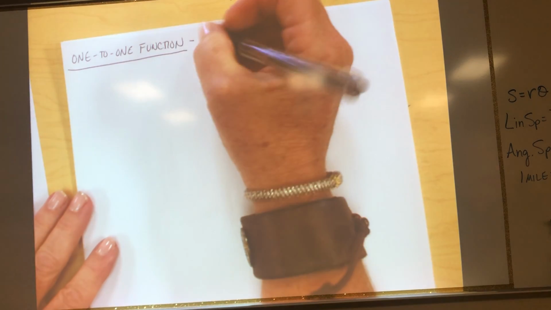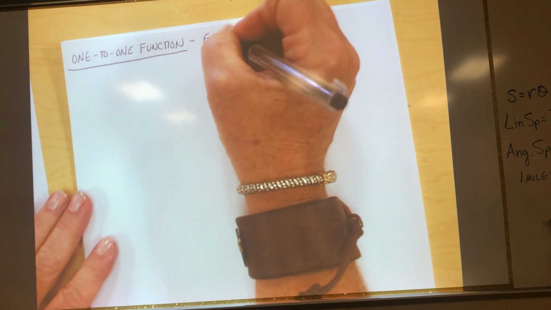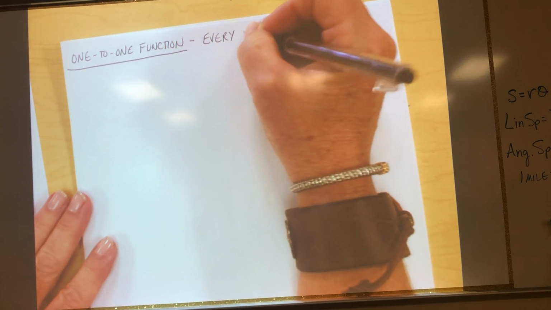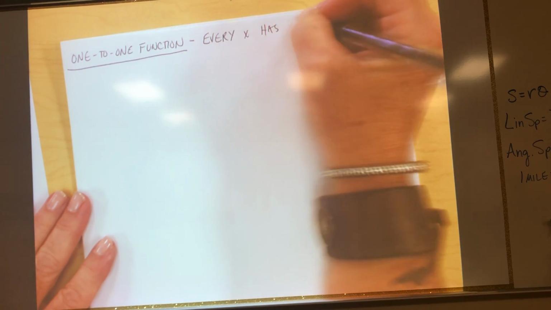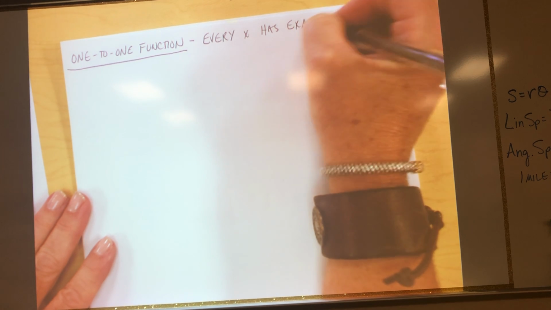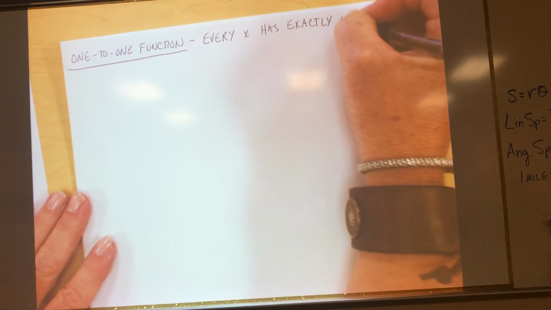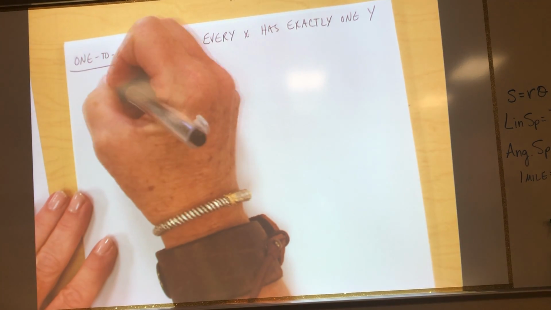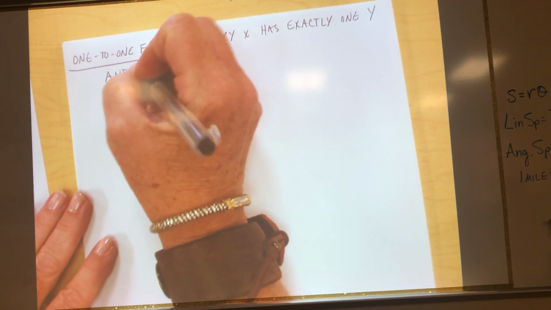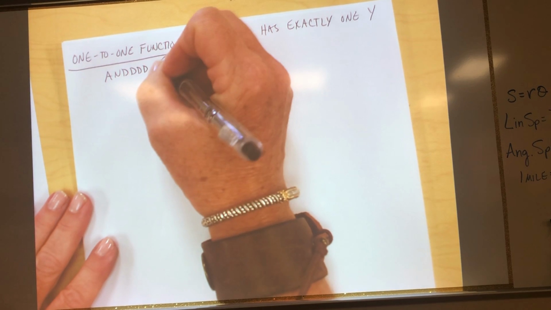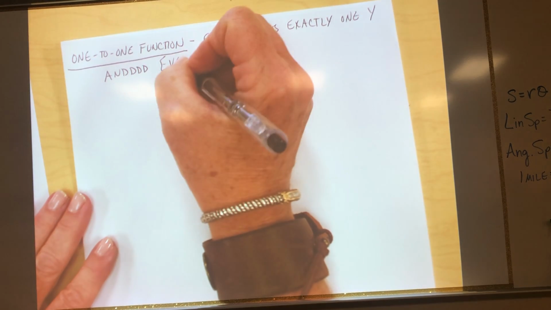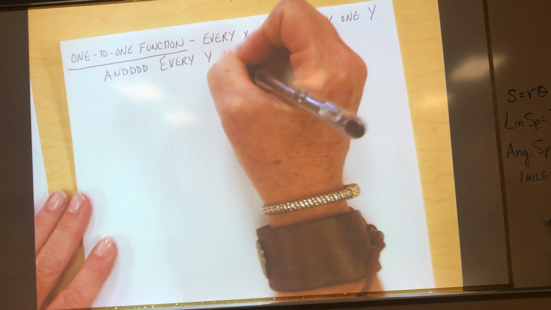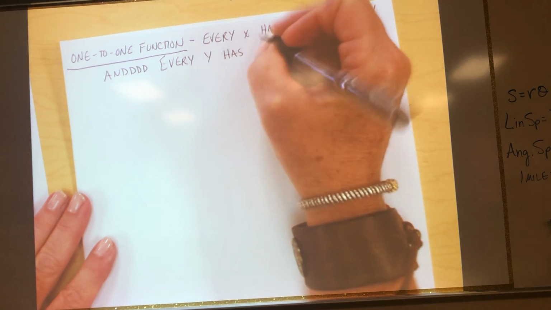So every x has exactly one y, and it has to have both of these things, okay? And every y has exactly one x.